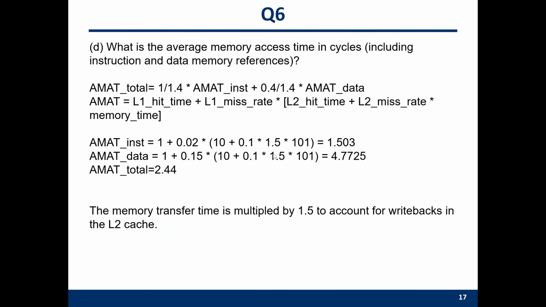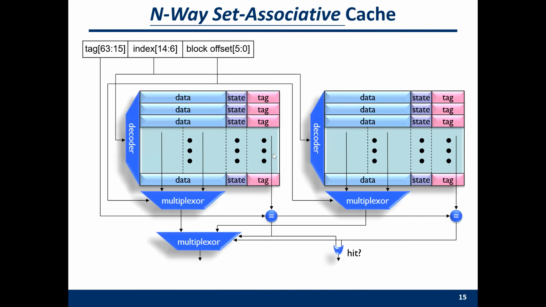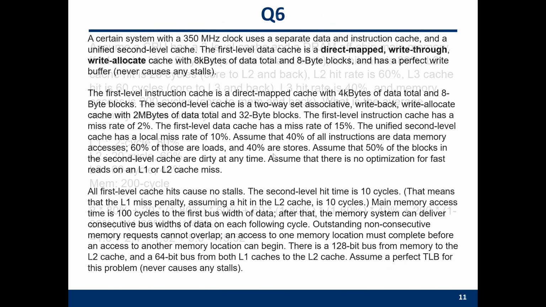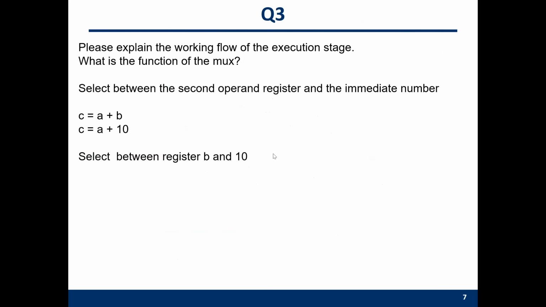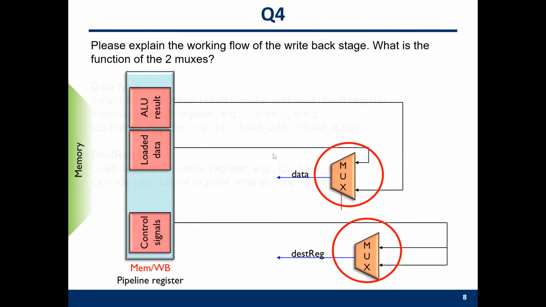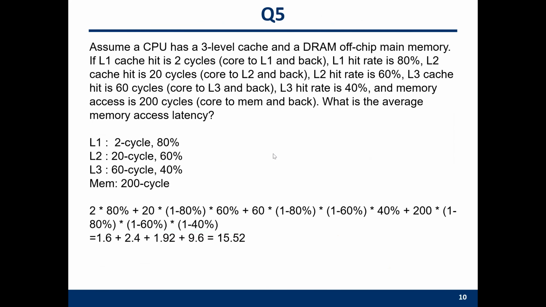Like when we did question 3, we had the hit ratio times the number of cycles plus the miss ratio times. But now we just have one instead of the hit ratio.